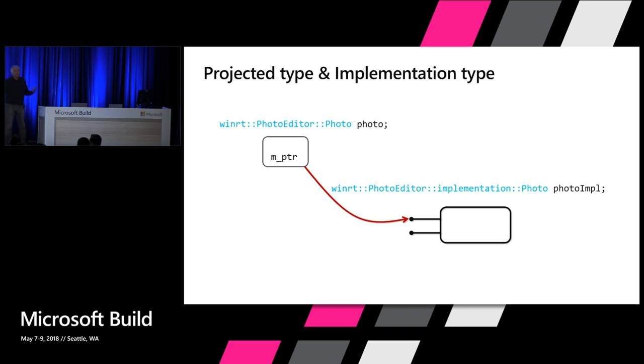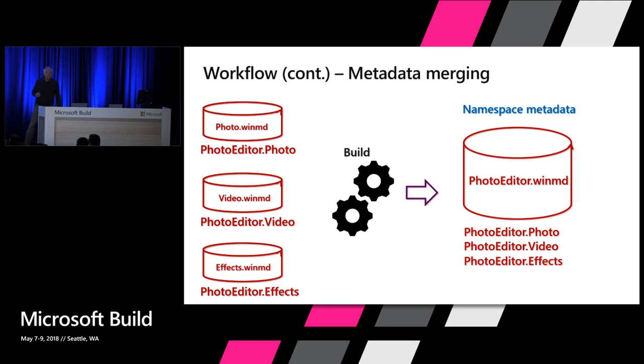The reason I bring that up is when we look at a complete application, like the photo editor app, in some parts of the code, I'm implementing the photo type. And in other parts of the code, like the XAML pages, I'm consuming that photo type that I implemented. And I'm using two classes that are basically called photo, but they're in different namespaces. It's just good to be aware of that. It comes up rarely.